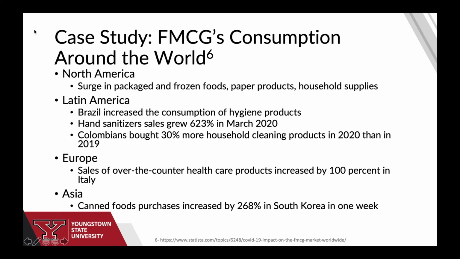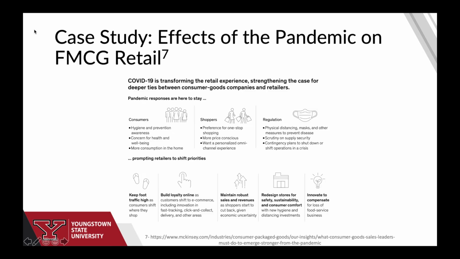Canned food purchases increased by 628% in South Korea in one week. There were a lot of issues with supply chain, and these issues continue to affect the supply chain as a whole going forward as we continue on through the pandemic.